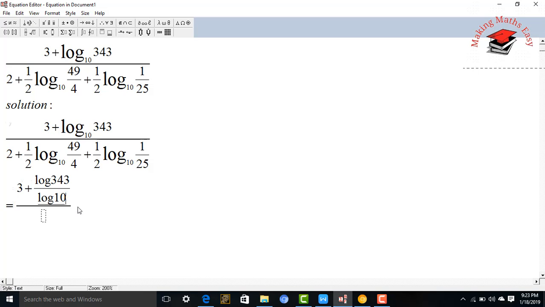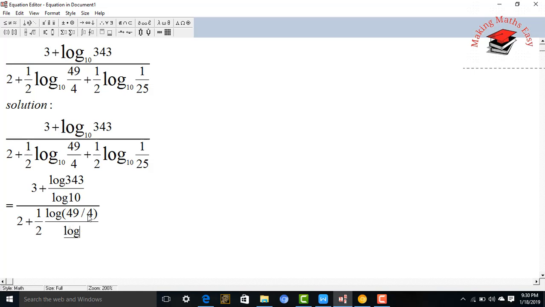As we all know, in the denominator we will write 2 plus 1 by 2. Again we will use the logarithmic operator. Log of 49 divided by, we will use a bracket, that is 49 divided by 4, base 2 log of 10.